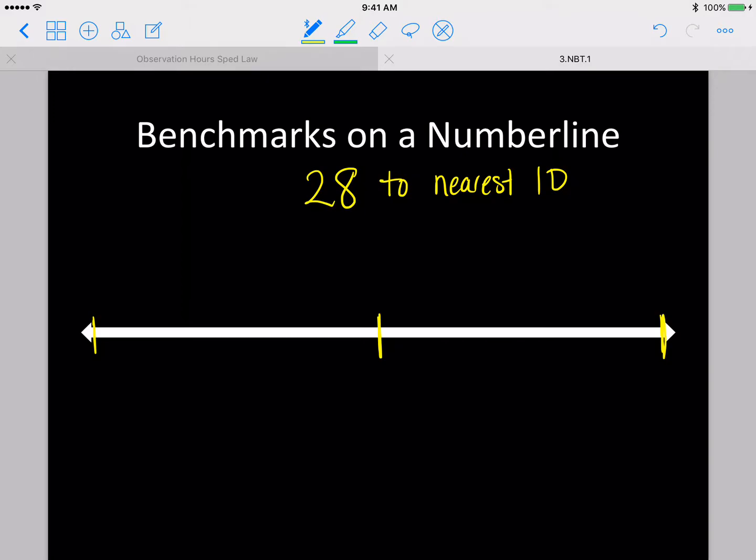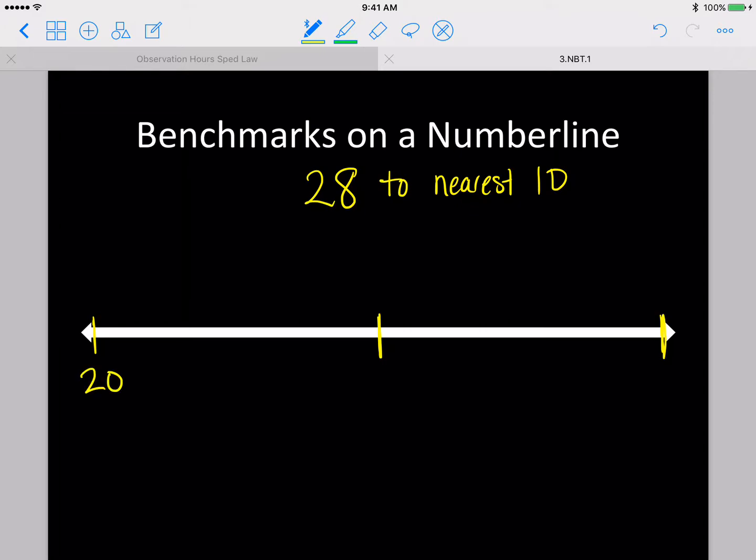And how we do that is just thinking about skip counting. If we're skip counting by 10s, I'm going 10, 20, 30, 40, 50, 60, 70, 80, 90, 100. So I'm going to find the 10 before. Those are your 10s. So the 10 before 28 is 20.